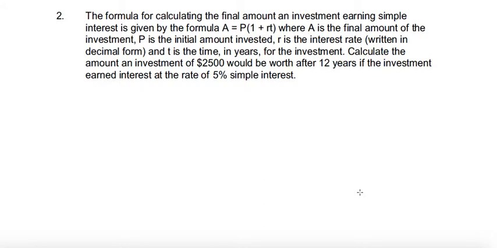Now that's a lot of wording in this question, but not to be too alarmed. So we want to look at what's important in this question. Well, the formula itself is important. We need to think about what our A is and our P is. So we're calculating our A. So our initial investment is $2,500.